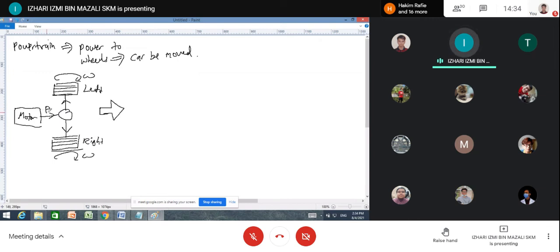Okay, so now how can we do that? You can see here the wheel. Now we try to view it from the front. So this is your wheel, and this is your wheel.